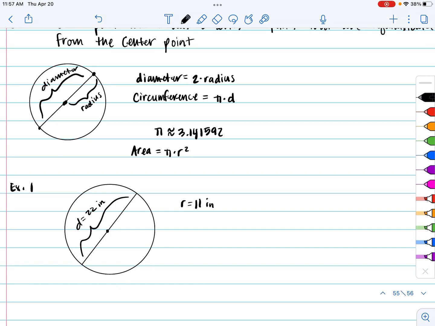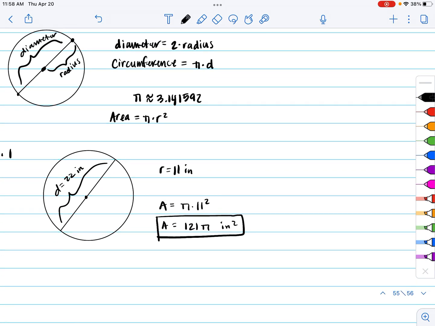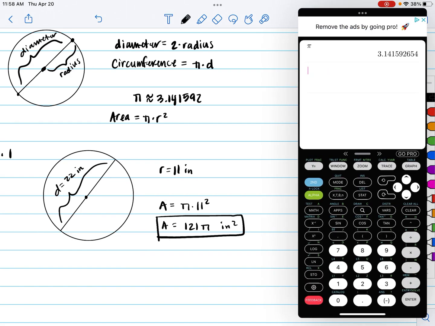Okay? Then, what we do here is we take that and throw it into our area equation. Area is equal to pi times radius squared. 11 squared is 121, so we can say the area is equal to 121 pi inches squared. Now this is the exact answer, 121 pi inches squared. If I were to ask for the decimal answer, we would just throw this into our calculator, 121 times pi, which is equal to 380, and then this is where we would round.